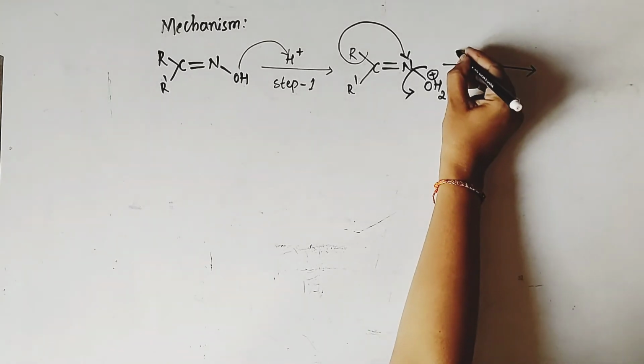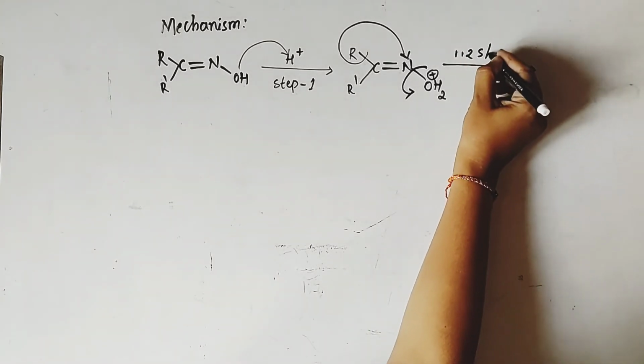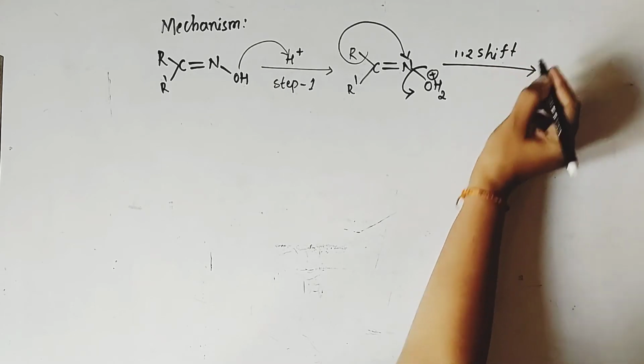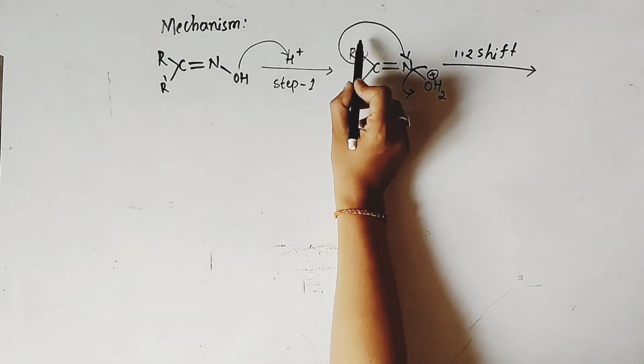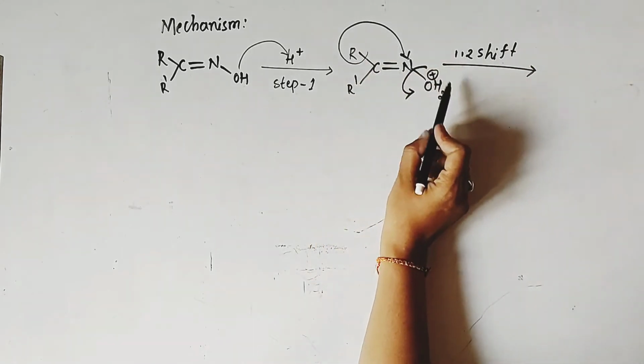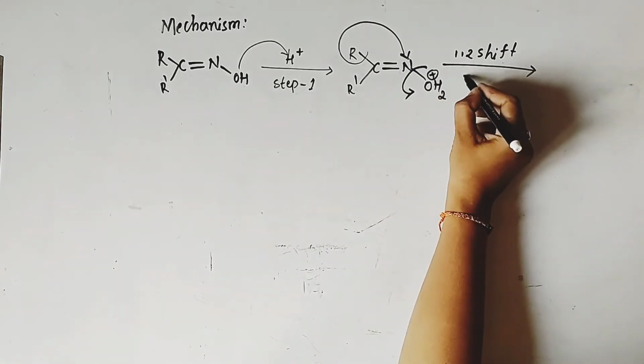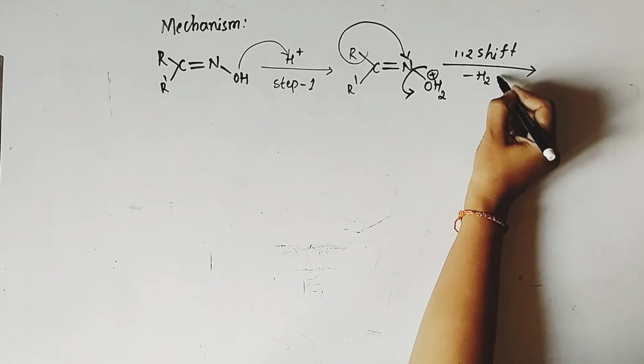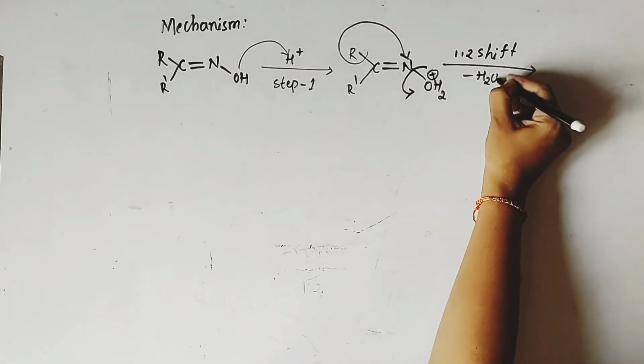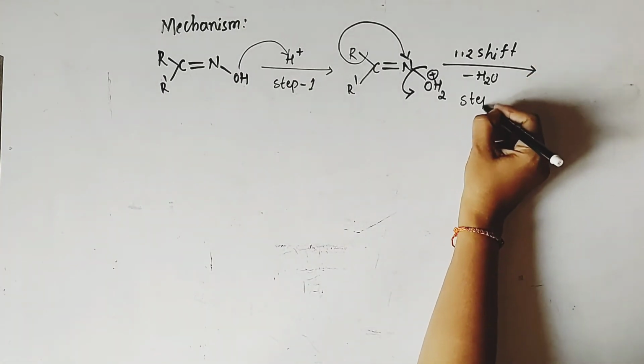That is a 1,2 shift, that is migration of the group which is trans to the protonated hydroxyl group, and it also includes the removal of the water molecule in this step. This is step 2.